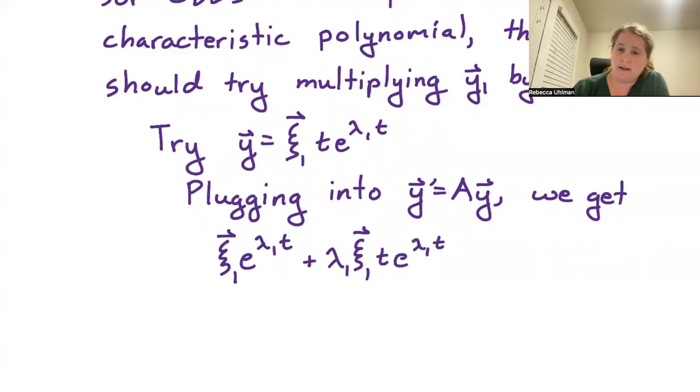On the right-hand side, we would have A times psi1 times t e to the lambda 1t.